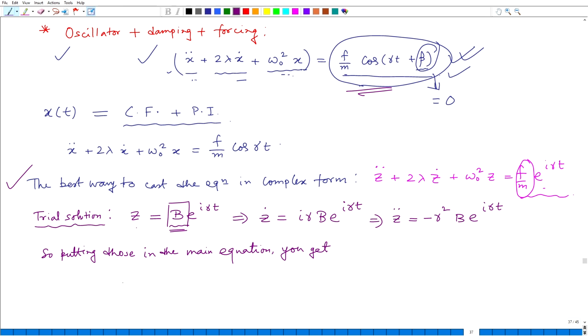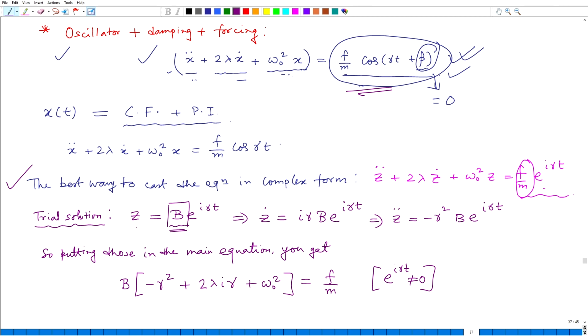So, (ω0² − γ²) + 2λiγ times B is equal to f/m. Remember, I have assumed here, which is completely understandable, that e^(iγt) is not equal to 0, and that is why I take this out from both sides.